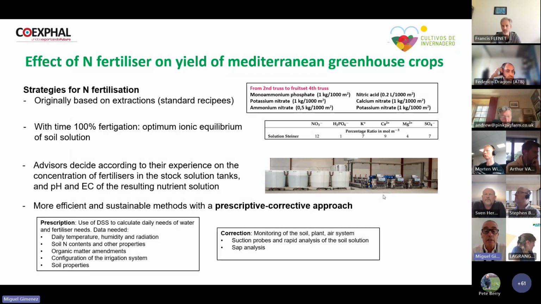Our main production system in the area is greenhouses, but these are low technology, passive greenhouses in which the use of energy is very low.